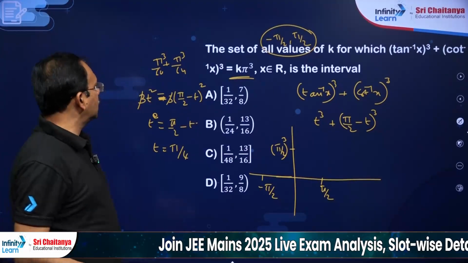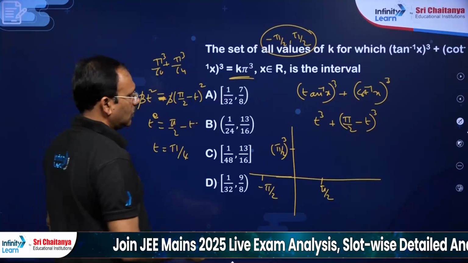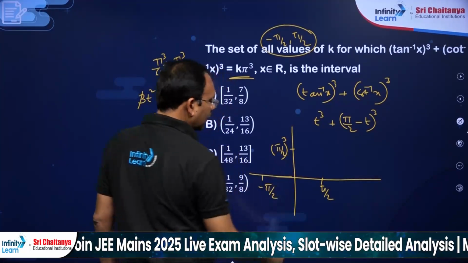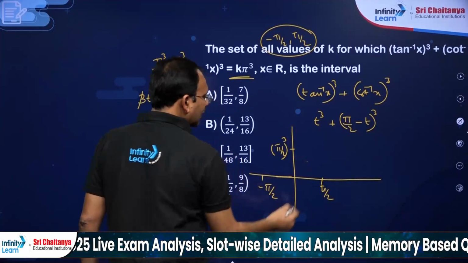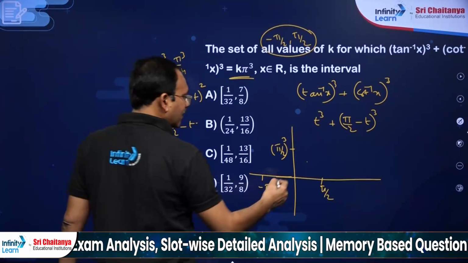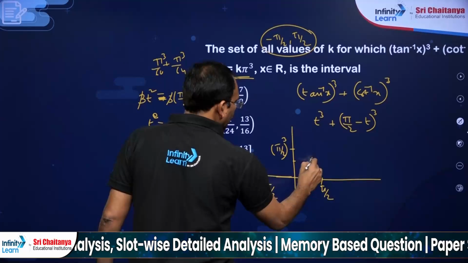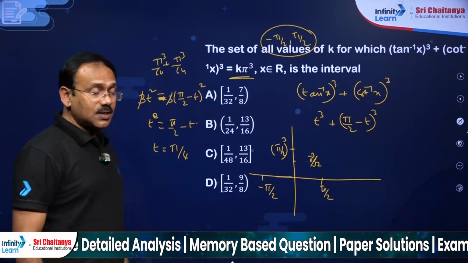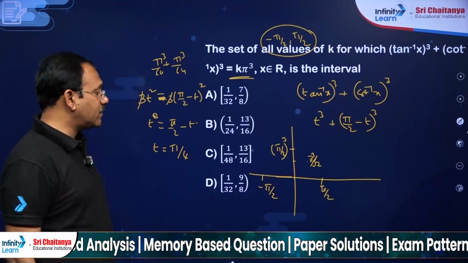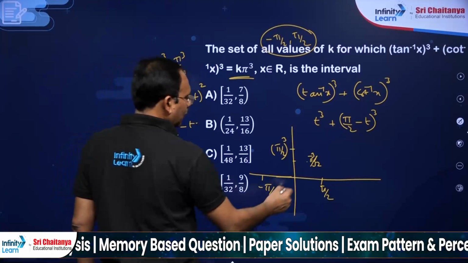Two times pi cube by 64, that is pi cube by 32. So pi cube by 32, this is pi cube by 8 actually. Pi cube by 32 will definitely be, as the denominator is increased, even smaller than this. So this is the point where the derivative is 0, which will take a local minimum or local maximum.